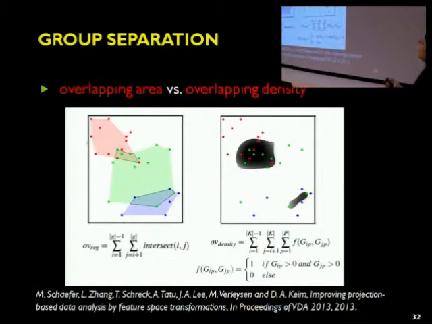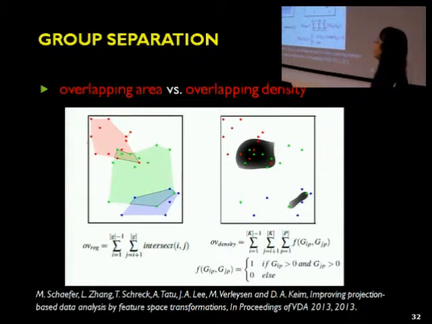Another aspect of the quality of a projection is the visual quality, in terms of how easily we can identify patterns in the final projection. Again, there are several measures that you can use. The latest ones are these 2 measures that we designed in our recent publication.